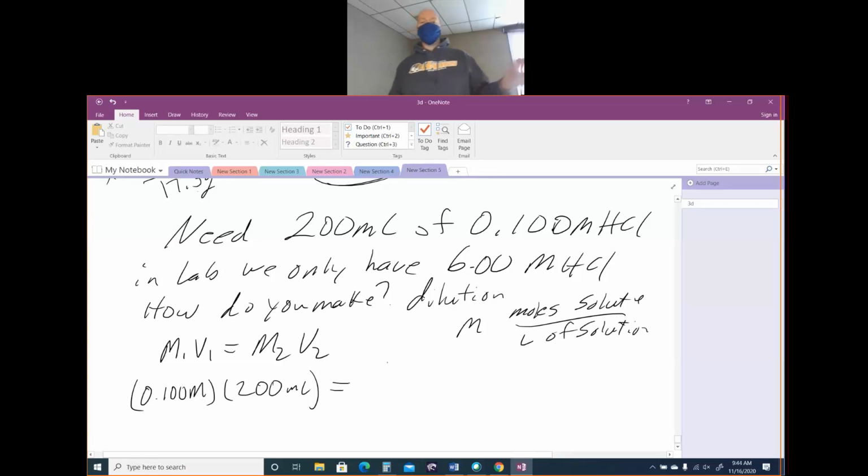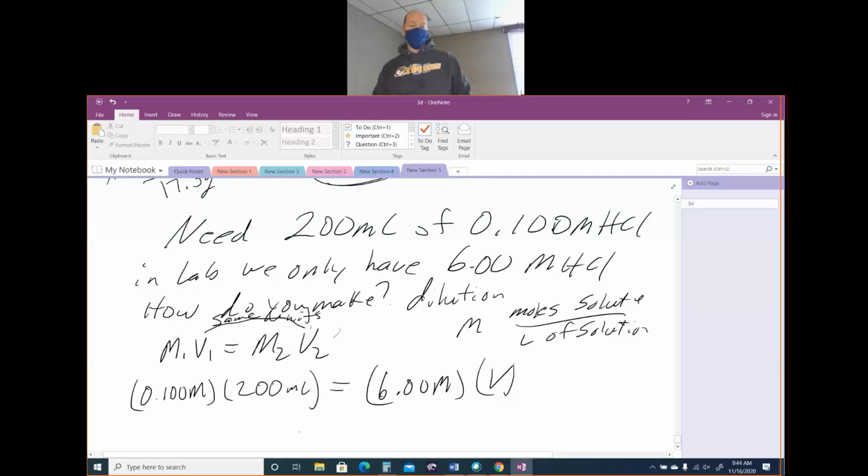Volume has all kinds of different ones, milliliters, liters, centimeters cubed, meters cubed, whatever. For this, they just have to be the same units. And so molarity 2, we have 6 molar. And then the question is, what volume of 6 molar do we need?